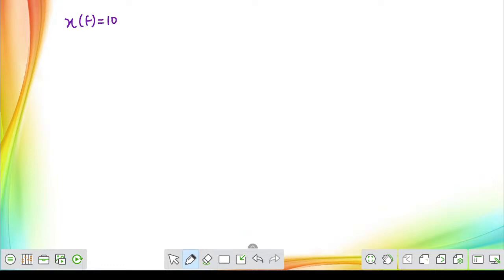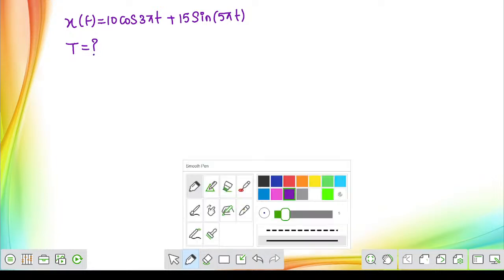It is defined as 10 into cosine of 3 pi t plus 15 into sine of 5 pi t. Now the question is, find the fundamental time period of the signal. In order to know the fundamental time period of the signal, first you should figure out whether the given signal is a periodic or aperiodic signal.